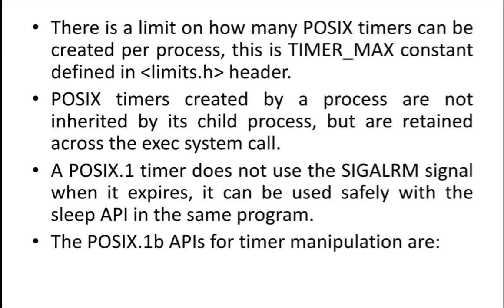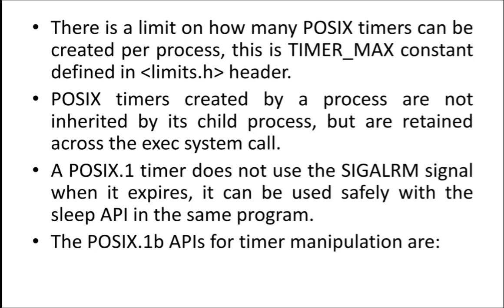And POSIX timers created by a process are not inherited by its child process. Right? Main difference. So POSIX timers are going to be used only by the parent process, the process that created the timer.